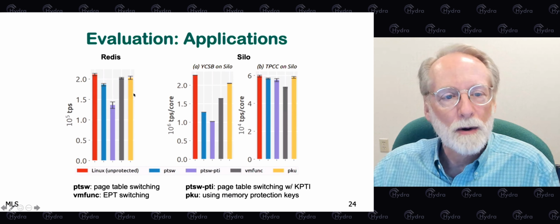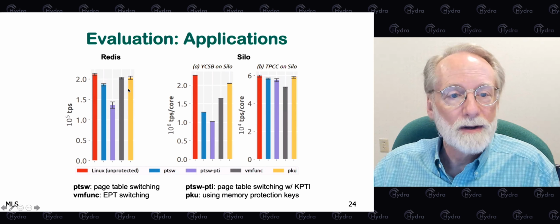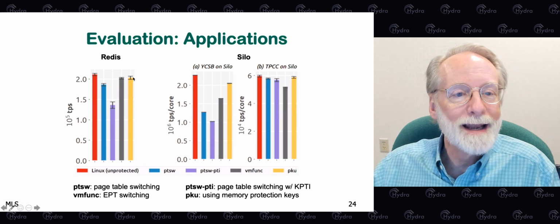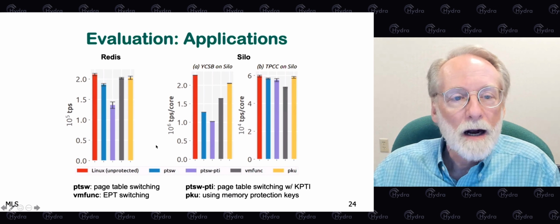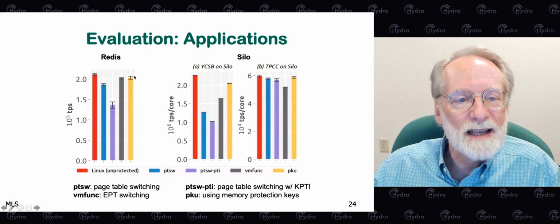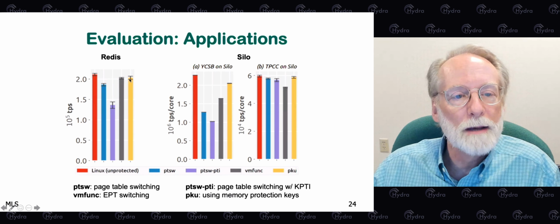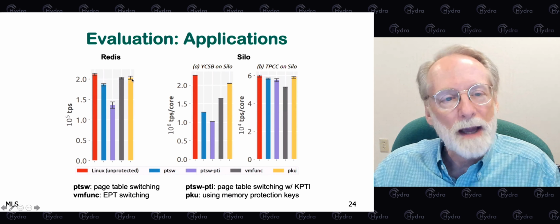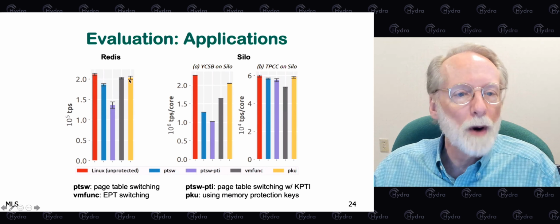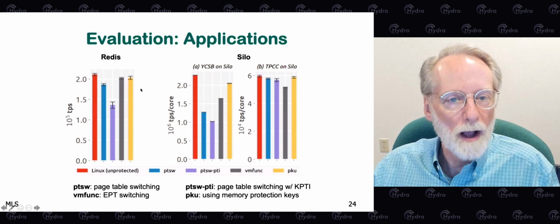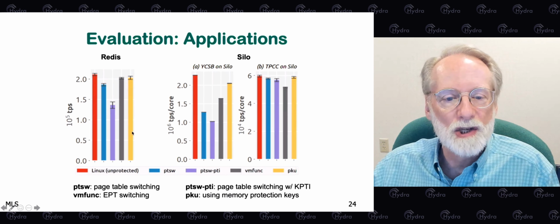The yellow bar is Hodor. And you can see that it's getting within about 98% of the throughput of the Linux case. VM Func in this case is approximately equal in performance. It depends some on the size of the packets that are being transmitted, but both of those implementations work pretty well for this particular application.